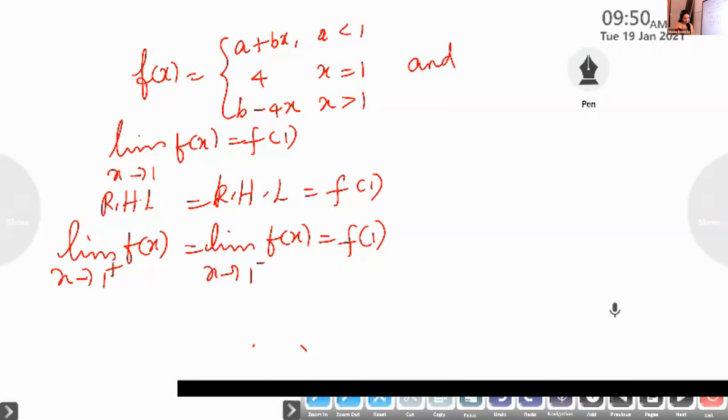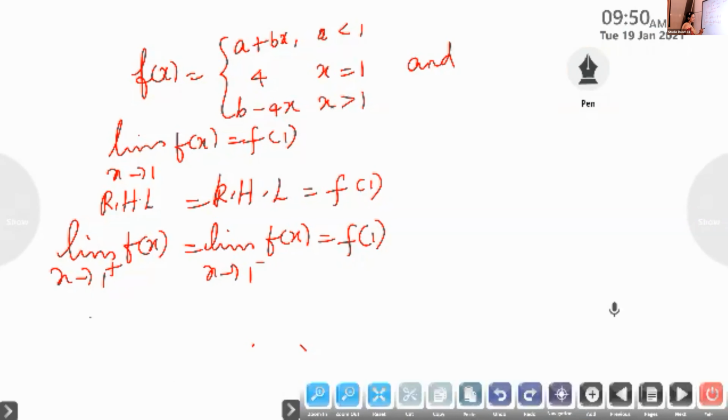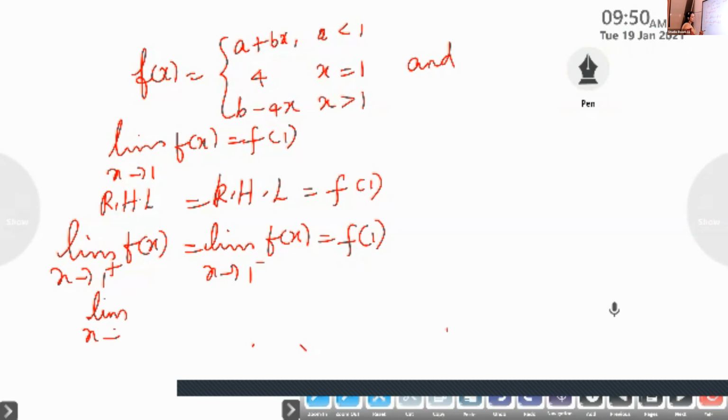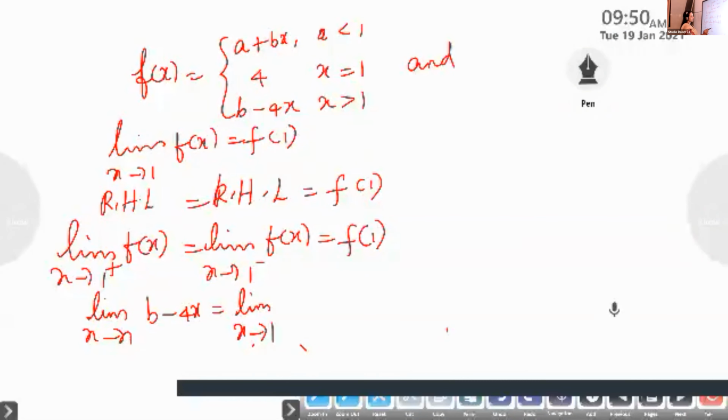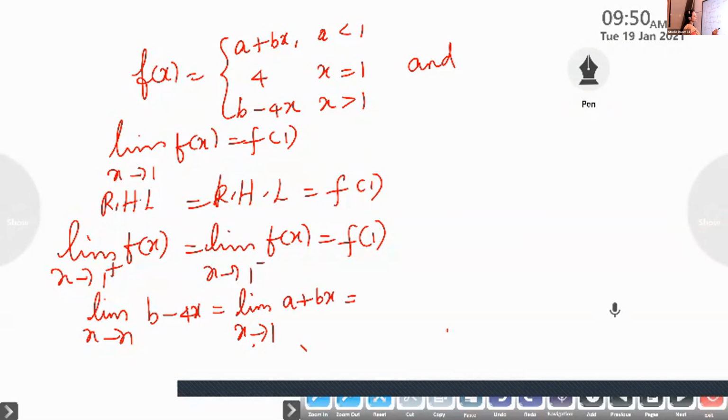Find the values of a and b. So equate this. Limit extending to 1 plus, greater than 1. So for greater than 1, the function is defined as b minus 4x, equal to the limit extending to 1 minus, which means it is less than 1. For less than 1, it is a plus bx, which is equal to f of 1, which is 4.